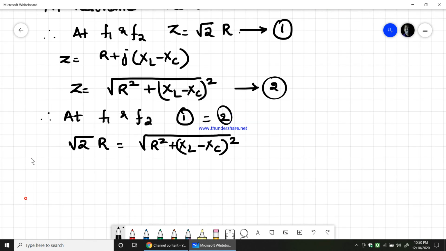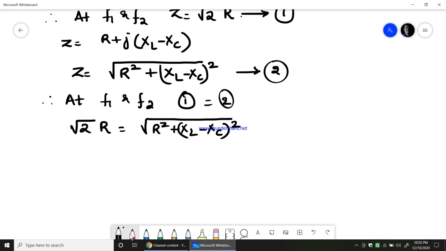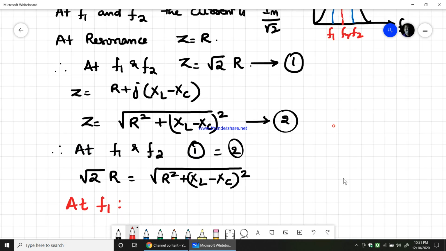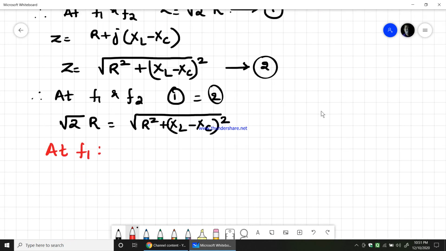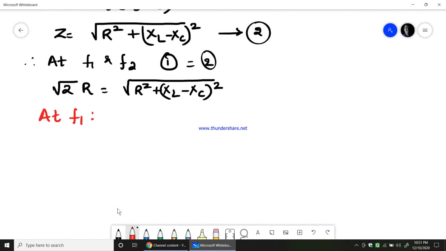So this is the normal equation, but when I take only F1, we see in the curve at F1 that XC, the reactance of the capacitance, is greater than the reactance of the inductance. Let me take this as the third equation.